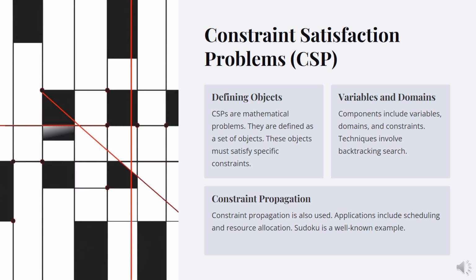These objects must satisfy specific constraints. Second, variables and domains. Components include variables, domains, and constraints. A common technique involves backtracking search. Third is constraint propagation, which is also used. Applications include scheduling and resource allocation, and Sudoku is a well-known example of a constraint satisfaction problem.